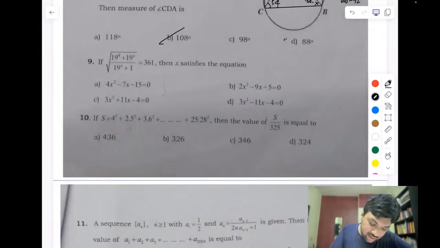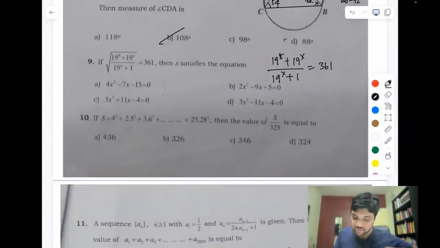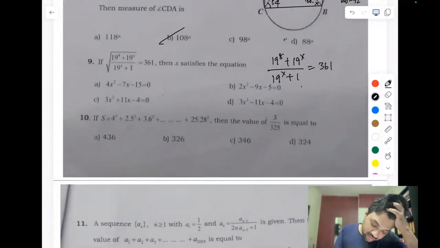19 power 8 plus 19 power x plus 1 is 361. Subtract, 360. Done, right? 19 power x plus 1.